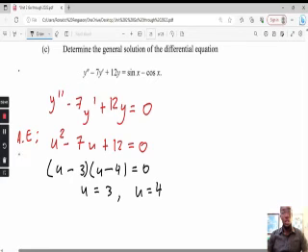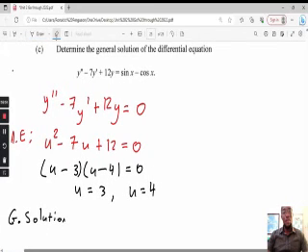When you get your two solutions, that means your general solution, or well, it's not really the general solution, it's really the complementary function. Remember, this is a complementary solution.